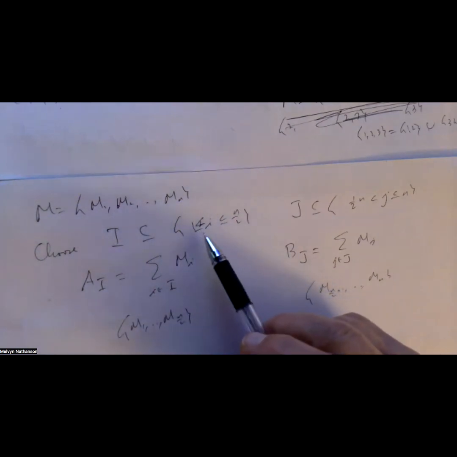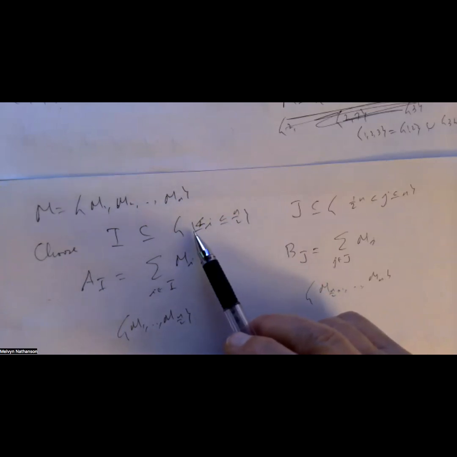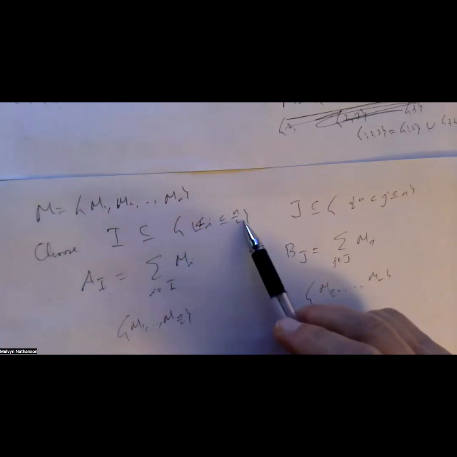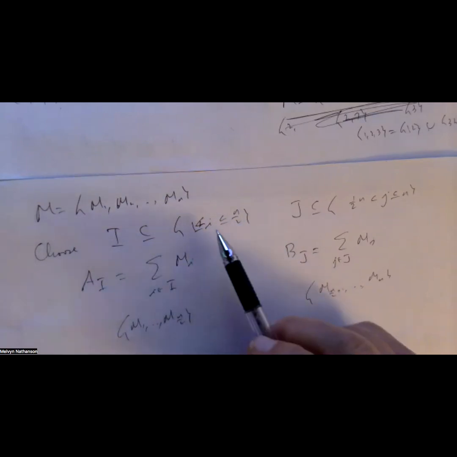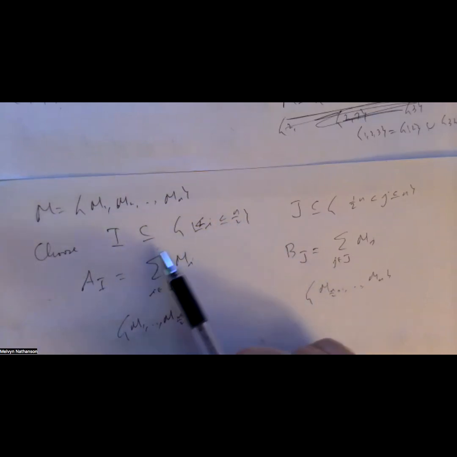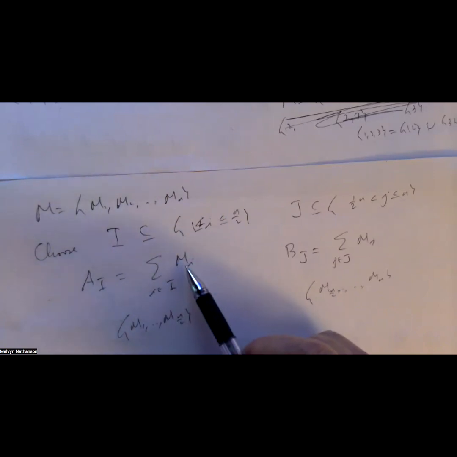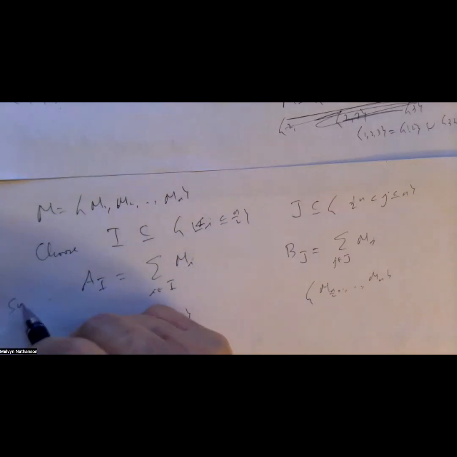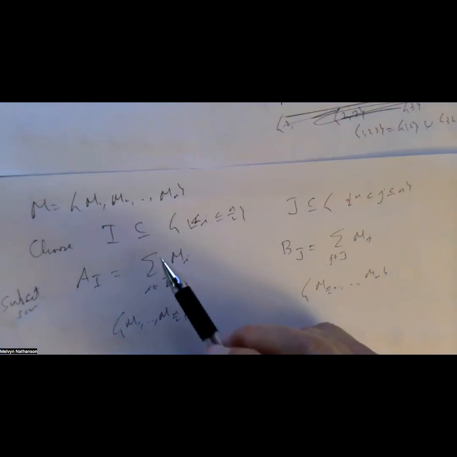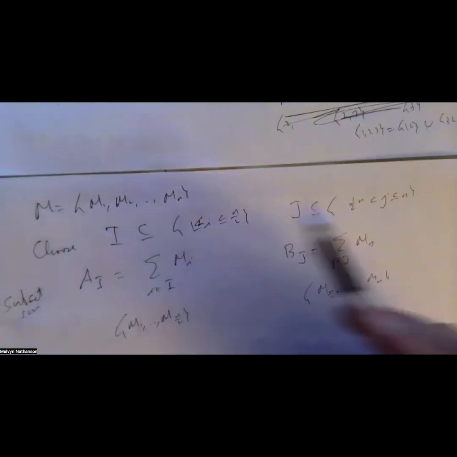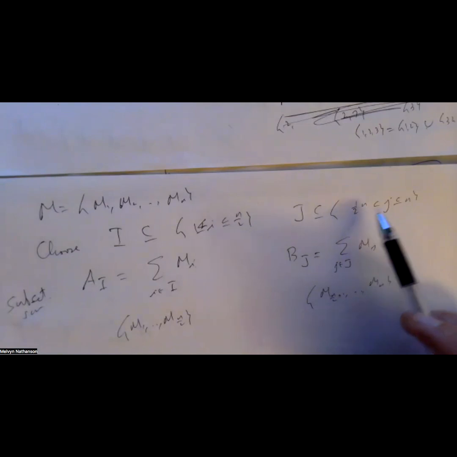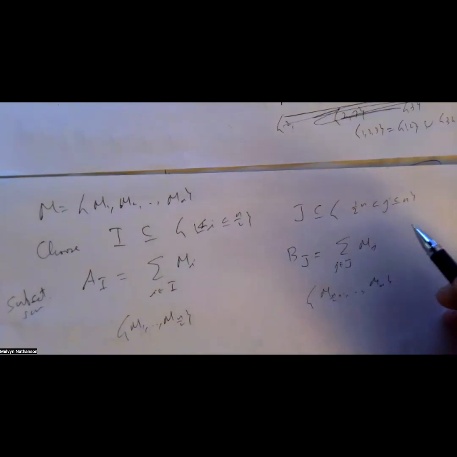I choose a set of the indices between 1 and n over 2, set I. For each i in this set, capital I, I take the summation of m sub i. So this is a subset sum, but only from half of the numbers in my original set. J is a set of numbers from n over 2 to n, and I look at the corresponding subset sum.